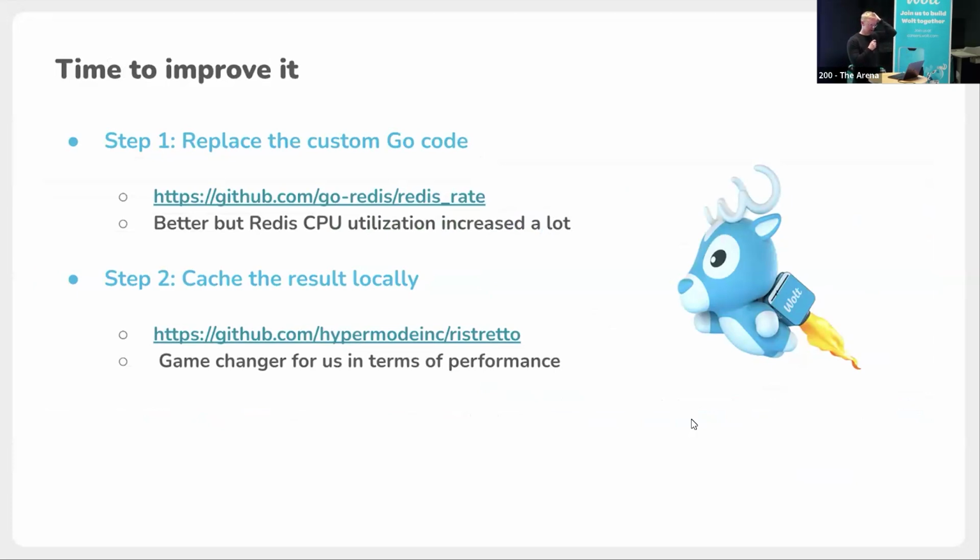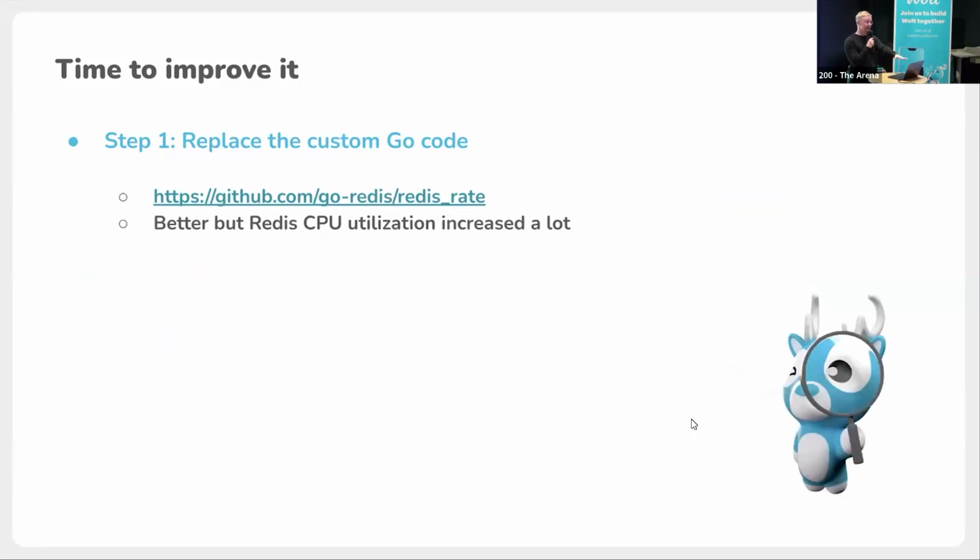To get this performance, we had to get rid of those requests to Redis. That was the bottleneck. It did work, but we did not get anywhere near close to the performance. Redis wasn't fast enough for us.